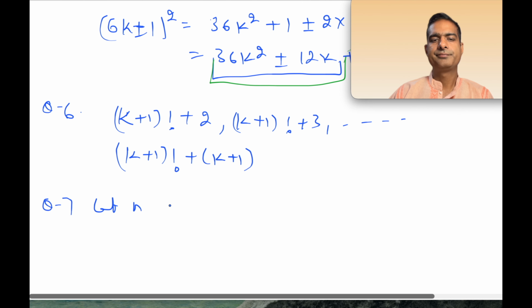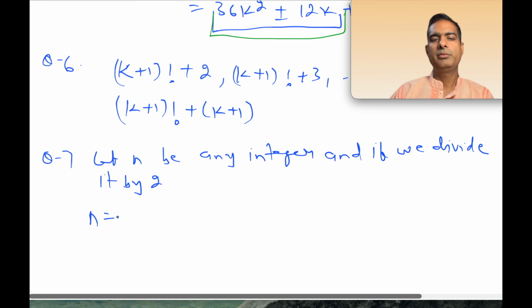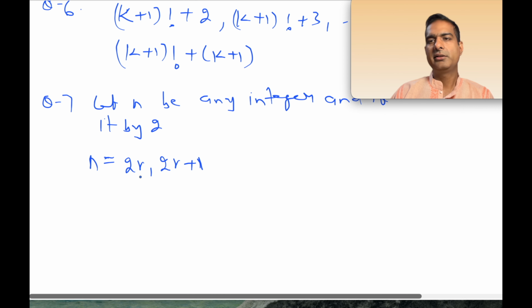Let n be any integer, and if we divide it by 2, then it will be of the form n equals 2r or 2r plus 1. These are the only two possibilities, where r is any integer.